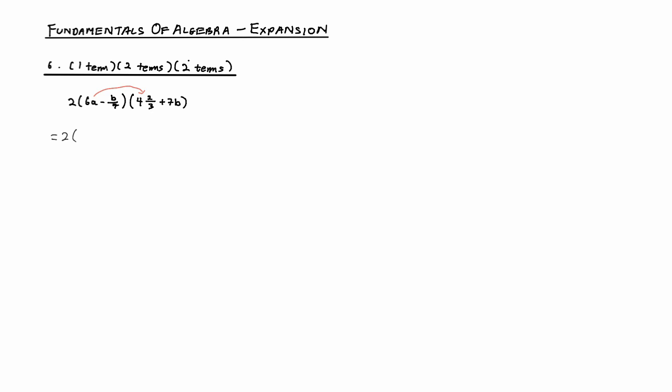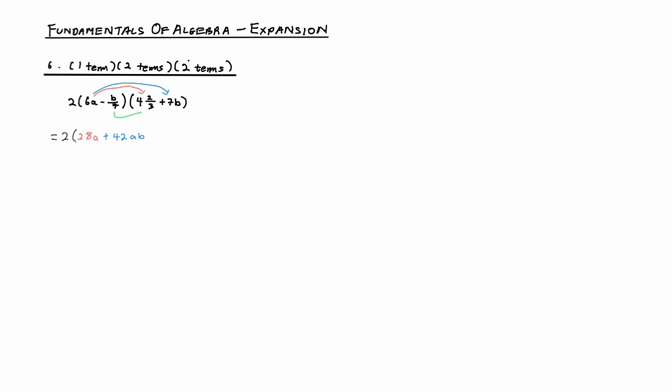Now the sign here will be plus times plus, which is plus. For the first term in the bracket, we don't write plus. Then we take the calculator, 6 times 4 and 2/3, we get 28, and then we have A. Now let's look at the next one. Plus times plus will be plus, 6 times 7 is 42. AB will be AB.